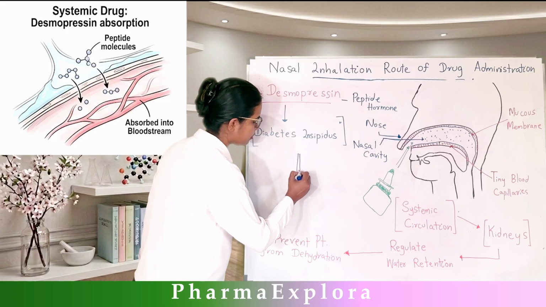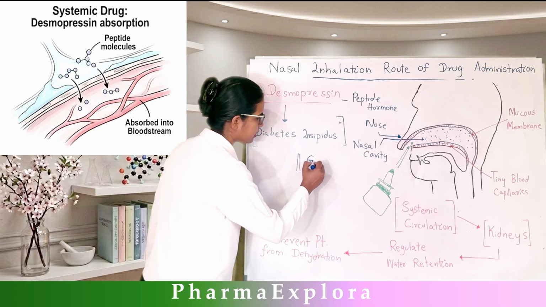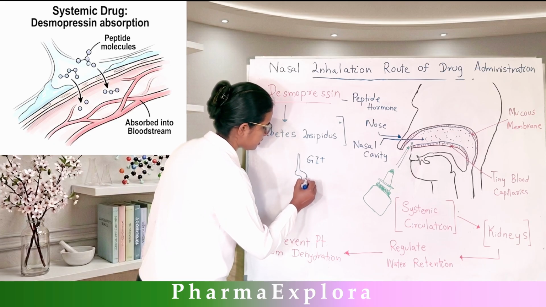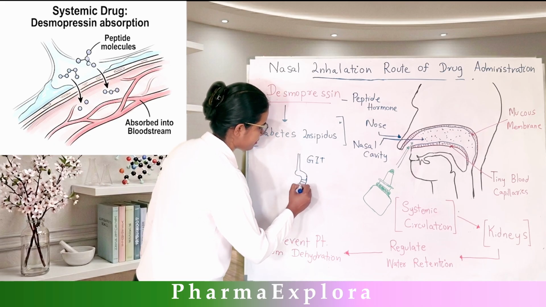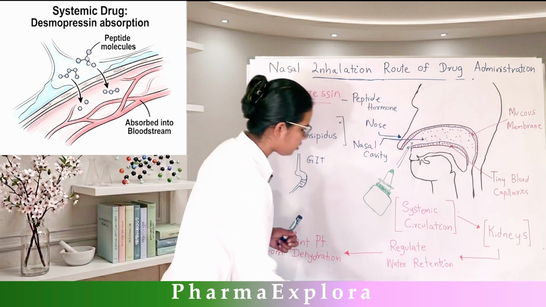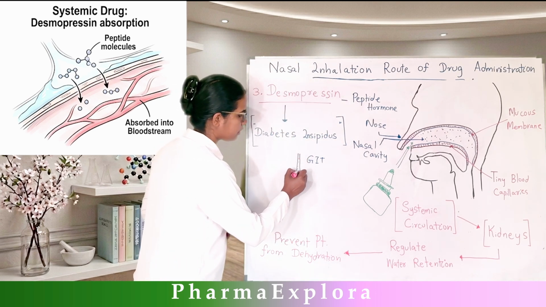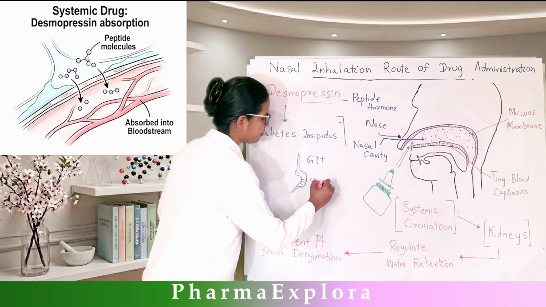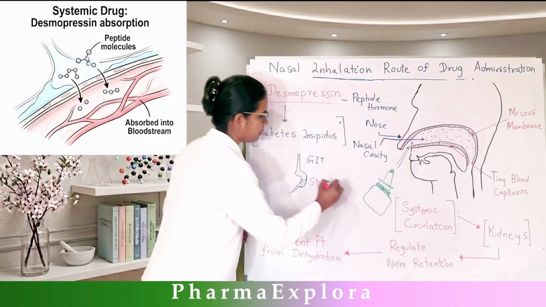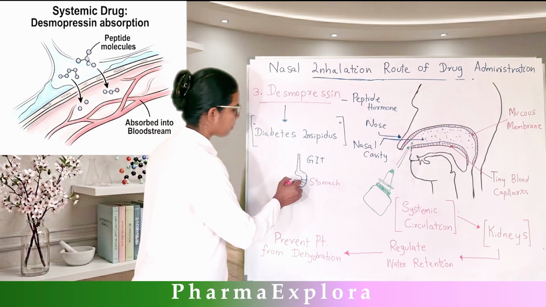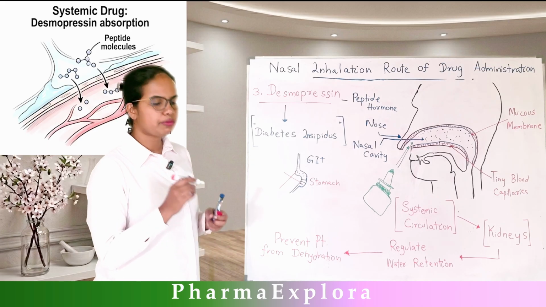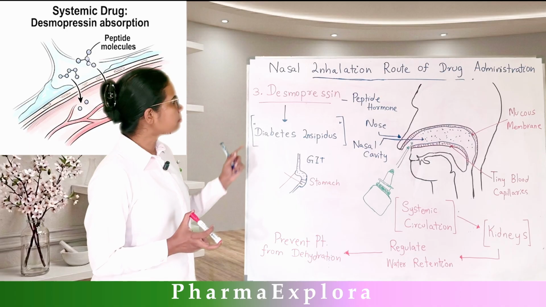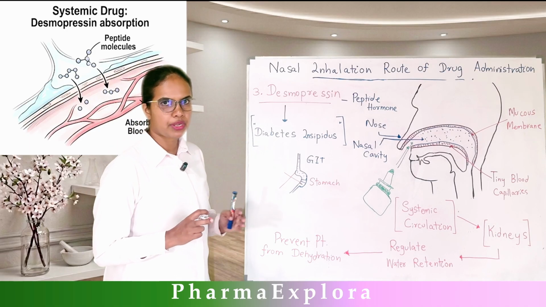If we swallow this medicine, it will travel through our gastrointestinal tract and reach the stomach, and digestive enzymes in the stomach will destroy this delicate peptide hormone. Therefore, pharmaceutical scientists have developed this medicine as an intranasal spray.